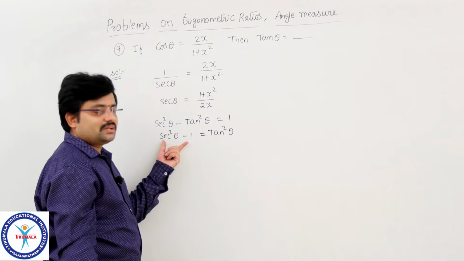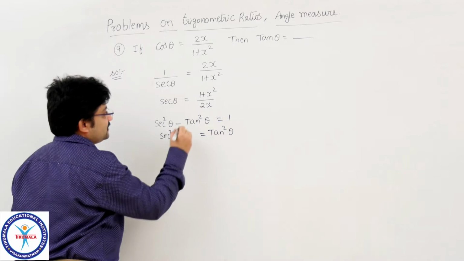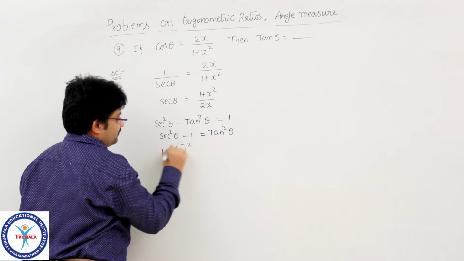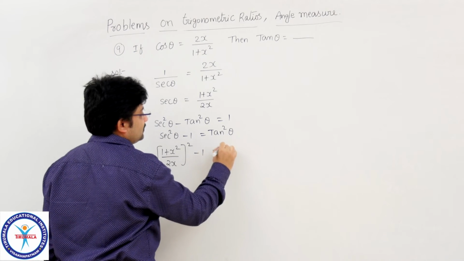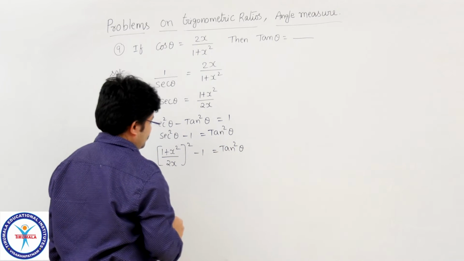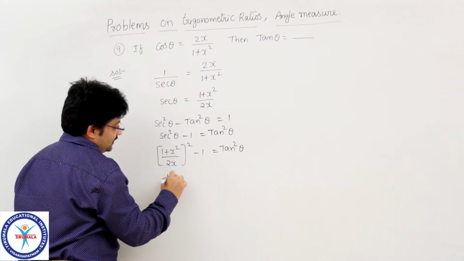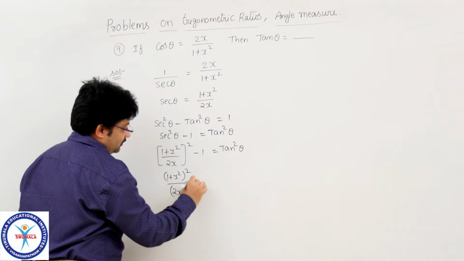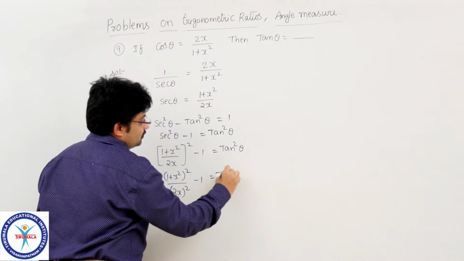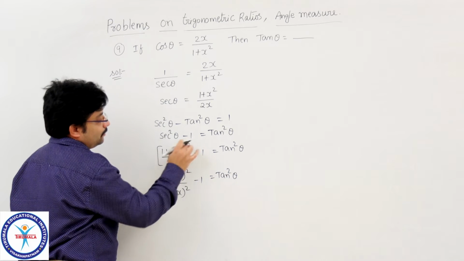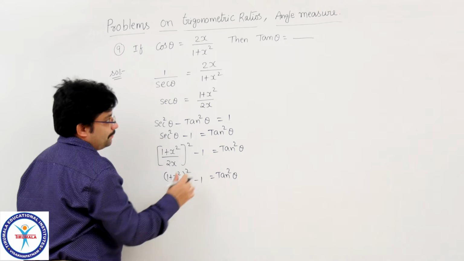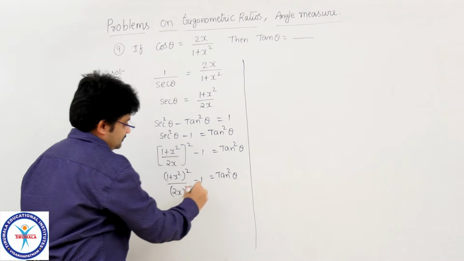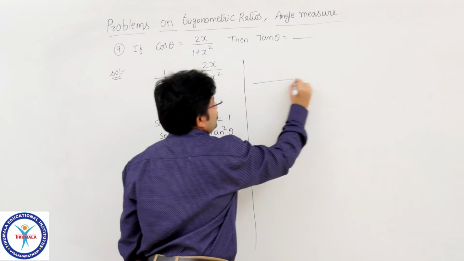So, let us first substitute the values here. Secant theta, that is 1 plus x square by 2x whole square, minus 1 is equal to tan square theta. It is in the form of 1 plus x square whole square by 2x whole square minus 1 is equal to tan square theta. A by b whole power m is a power m by b power m. Expand this one. Take out the LCM first. LCM is 2x whole square.